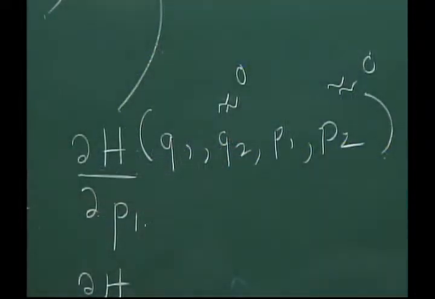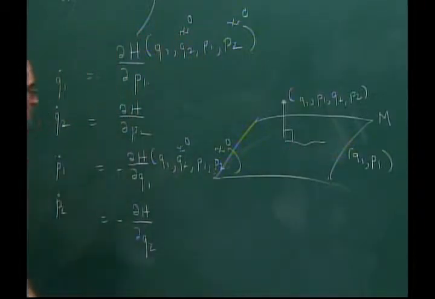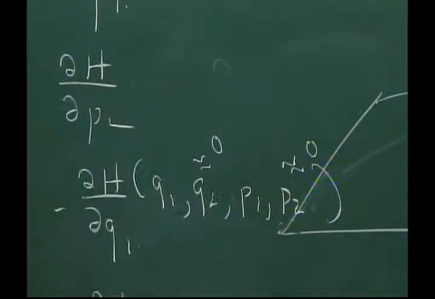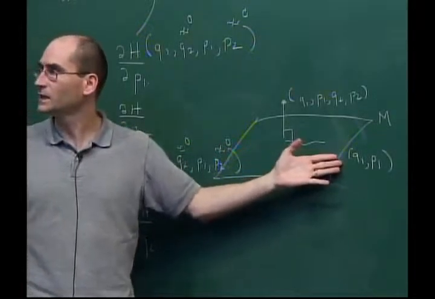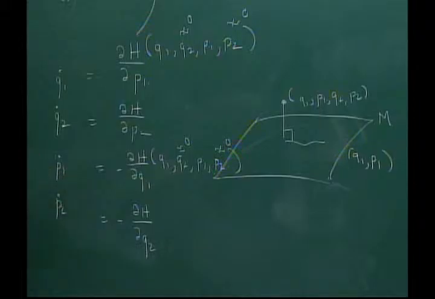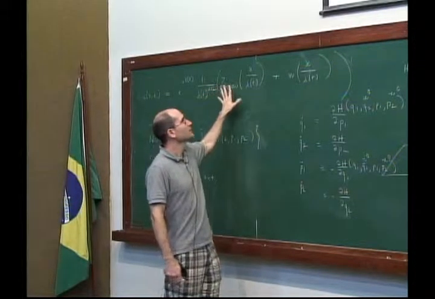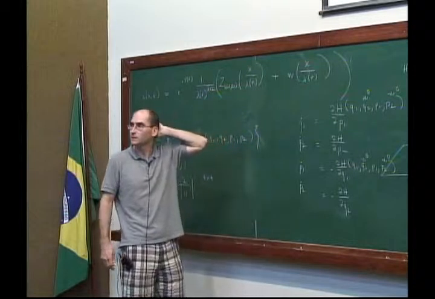And so the projected dynamics should be, to leading order, the Hamilton flow of the restricted Hamiltonian. So you take H, you just evaluate it on M, and then you just compute Hamilton's equations on M, and that will give you an approximation to what Q1 and P1 are doing, without knowing so much about what Q2 and P2 are doing, except that they just remain small. So that's how you can understand parameter evolution without having a full understanding of W.